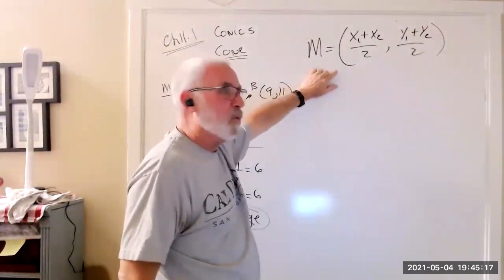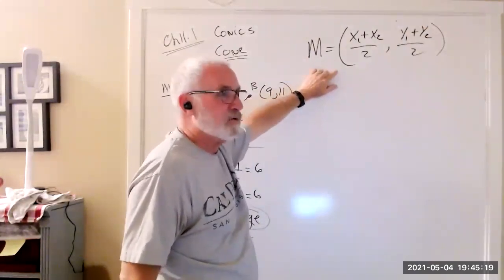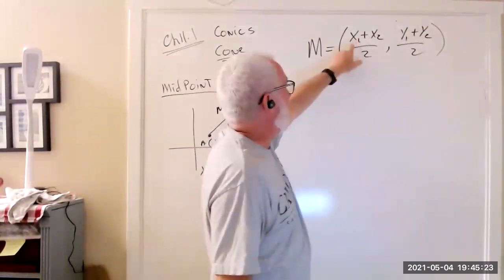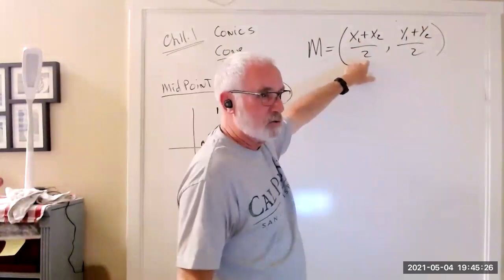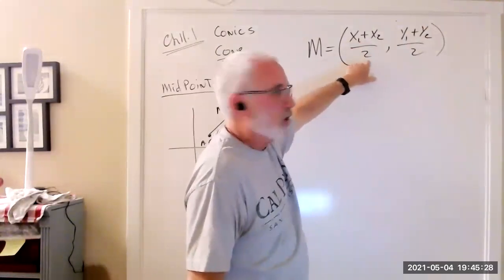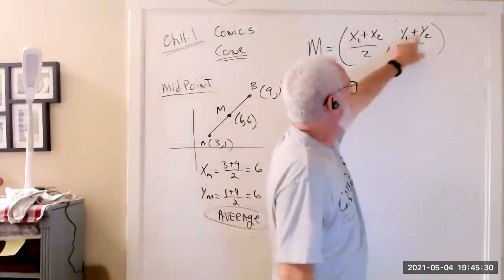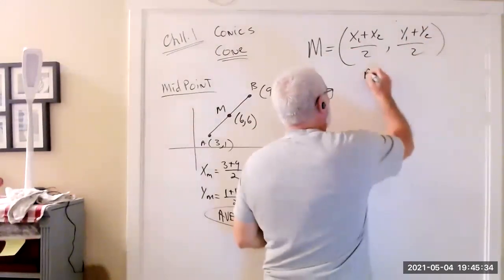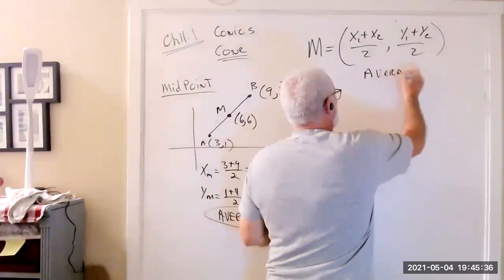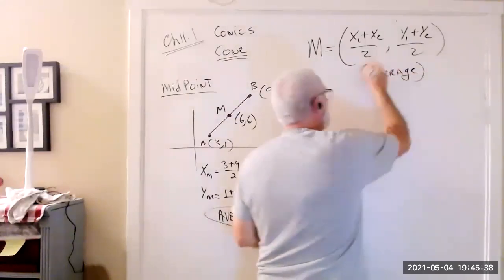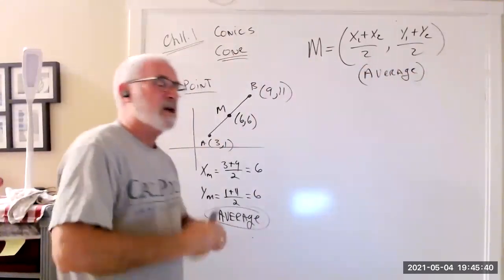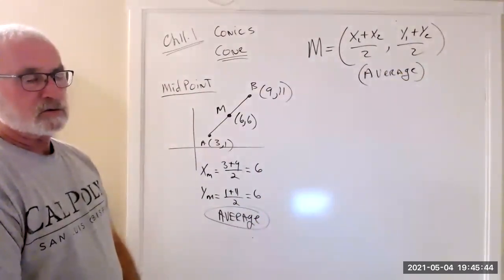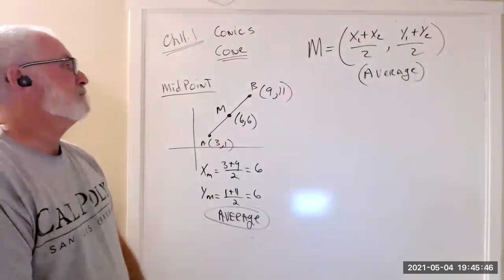With all these sub ones and sub twos and fractions, you guys all panic. But wait a minute, what's that say? Add the two x's, divide by 2. Comma, add the two y values, divide by 2. It's saying find the average. So the midpoint is the average of the x's and the average of the y's.